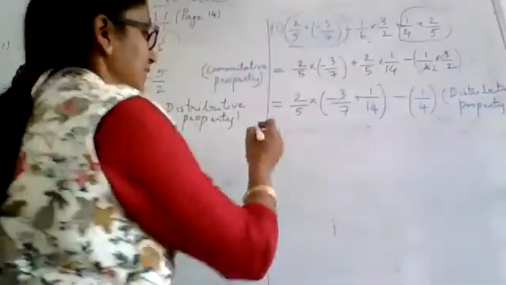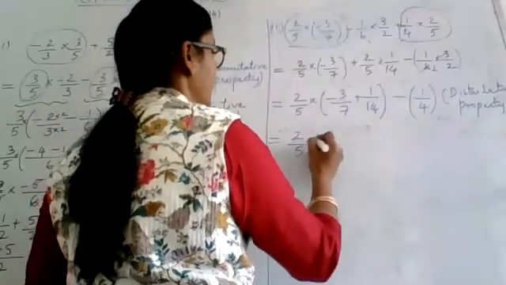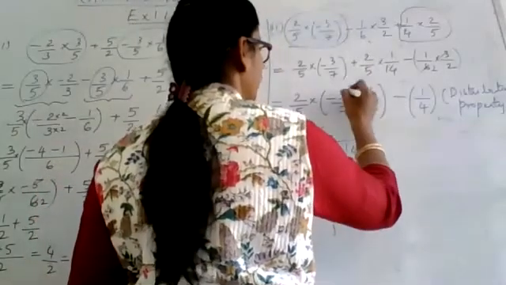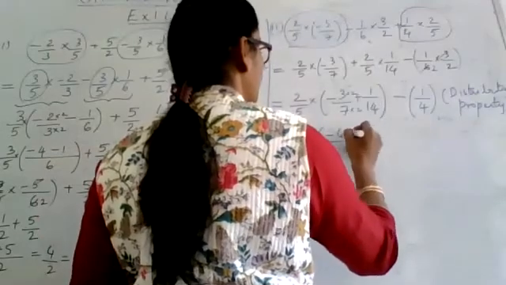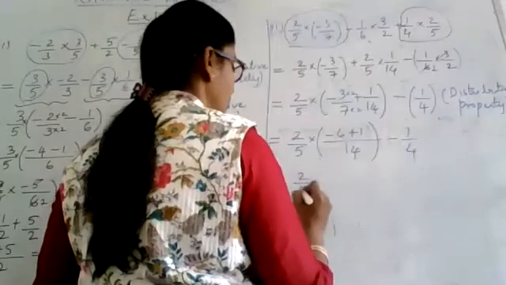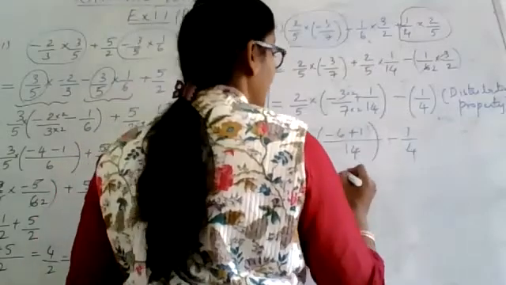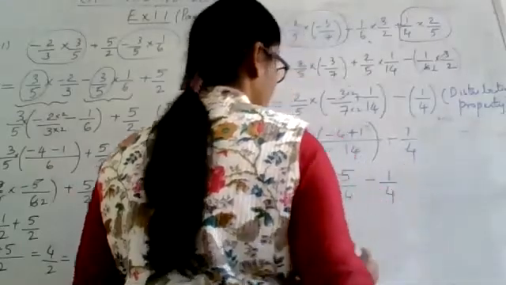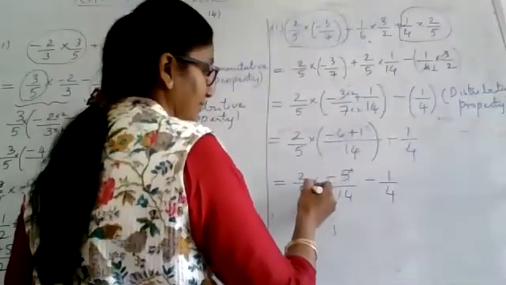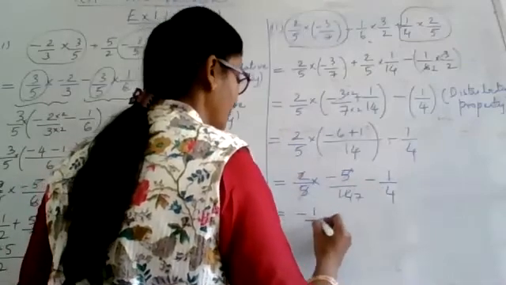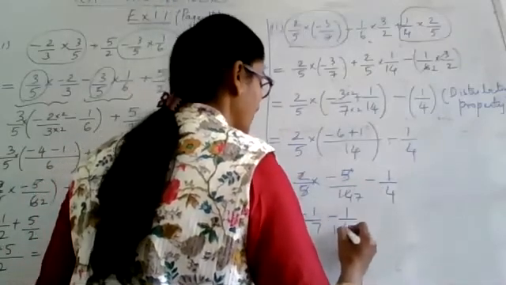Alright, now just let me simplify what is there in the bracket. So the common denominator will be 14, so this has to be multiplied by 2, negative 6, positive 1, minus negative 1 by 6. So this will be 2 by 5 into negative 5 by 14 minus 1 by 4. So here I get the 5 which is getting cancelled, 2 will go with 7. So I have a negative 1 by 7, negative 1 by 4.